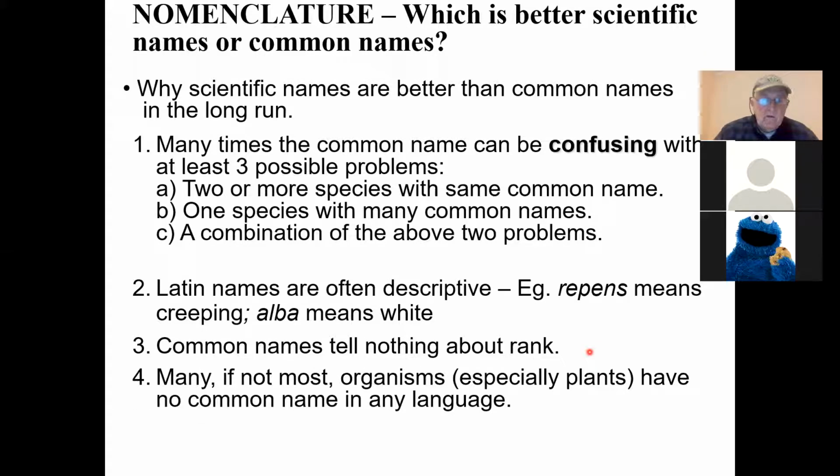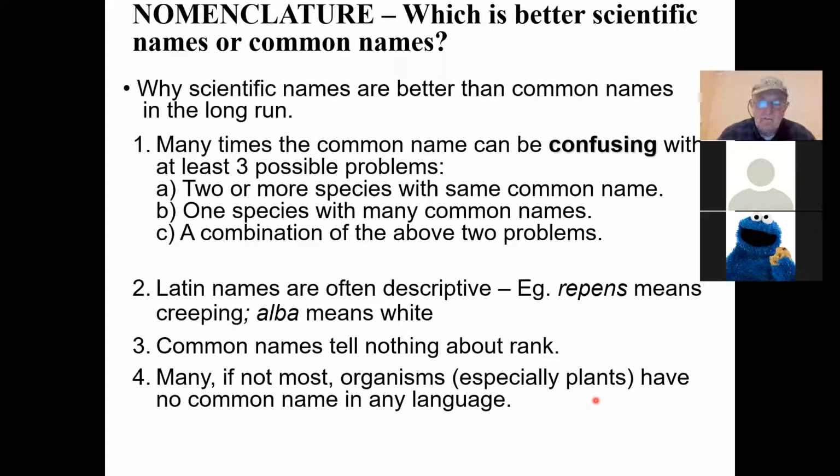All right, many, if not most organisms, especially plants, have no common names in any language. There's just a lot of plants that don't have common names, and so you're forced to use the scientific name. Here's a funny one: Chrysanthemum is the genus name for mum.